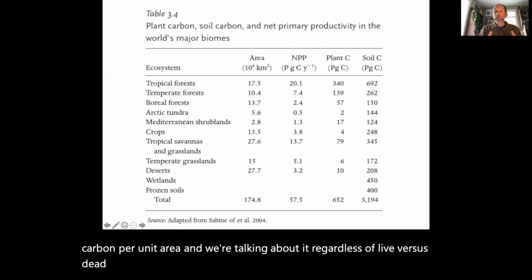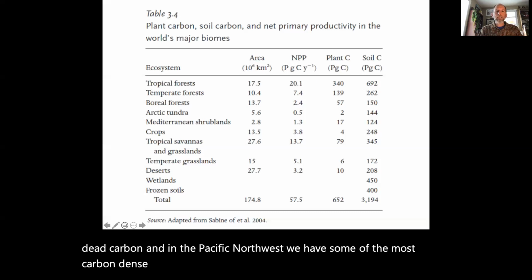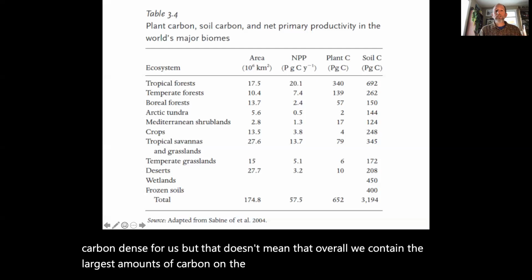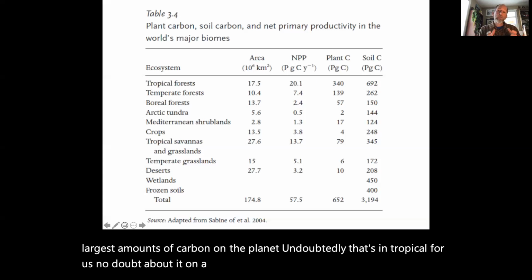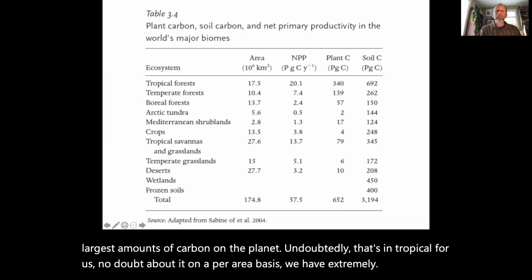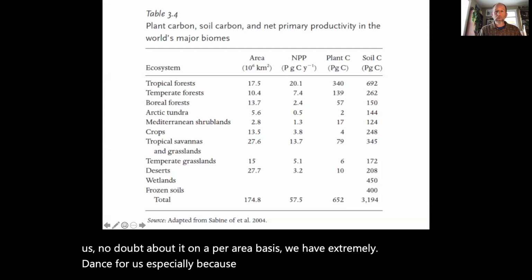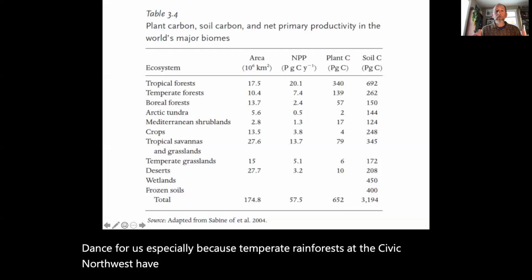And in the Pacific Northwest, we have some of the most carbon-dense forests, but that doesn't mean that overall we contain the largest amounts of carbon on the planet. Undoubtedly, that's in tropical forests, no doubt about it. On a per area basis, we have extremely dense forests, especially because temperate rainforests of the Pacific Northwest have a relatively small footprint compared to many other types of forest systems.